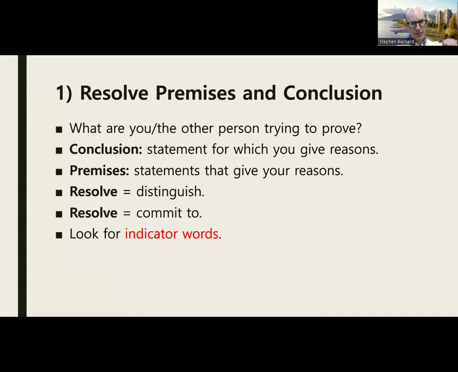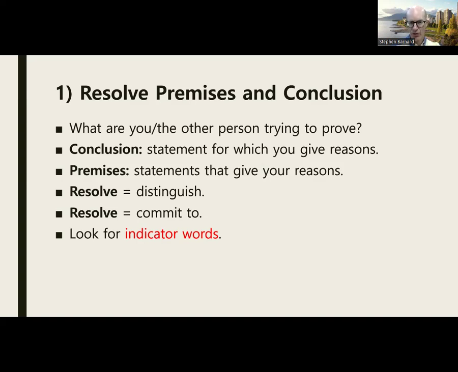Those reasons or those pieces of evidence, those are things that we call premises. And it's important that you have your premises and your conclusion very clearly distinguished for the listener or for the reader or for the listener. One way that you can do that is to include indicator words in your argument.